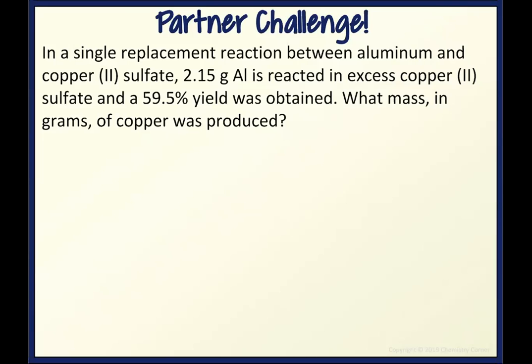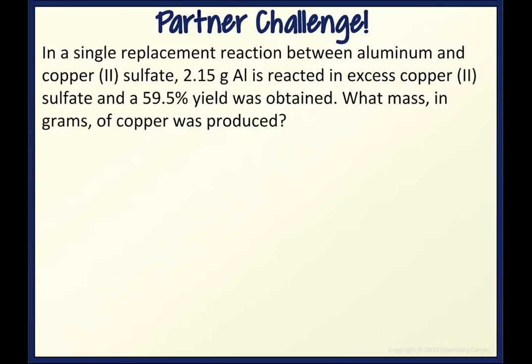What mass in grams of copper was produced? This is just like the problem we did. We're looking for the actual yield. They gave us the percent yield, and we can find the theoretical yield, and so then we can solve it.